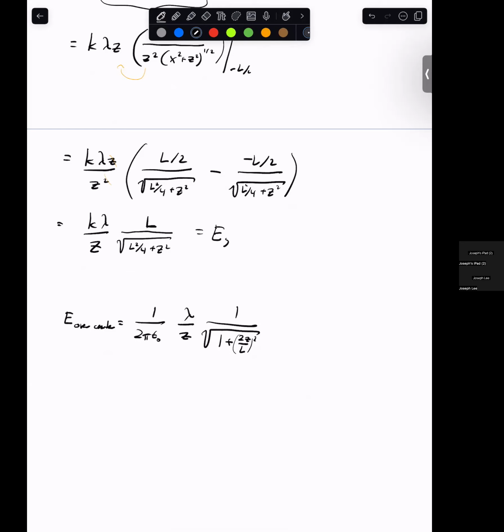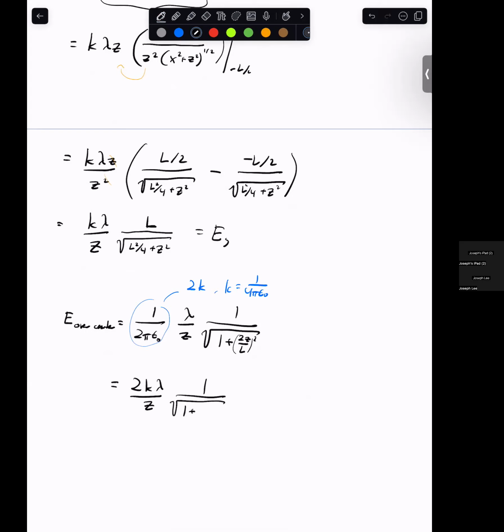So first, this term here is the same as 2 times k, because k is equal to 1 over 4 pi epsilon naught. And then what I'm going to do here in the denominator is expand it out to write it in terms of the term squared.